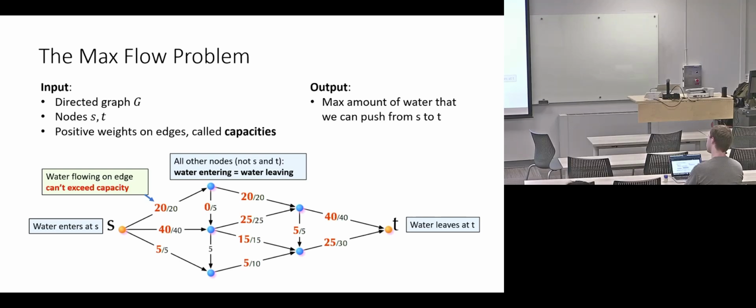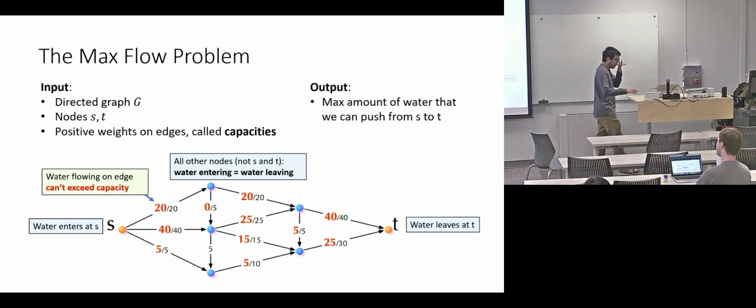Then through this node, it must go out with 20 units. For this one, I send 40 through, then it must go out 40, which is 25 and 15. So you need this flow conservation: in and out are the same. And also, the amount of flow on each edge needs to respect the capacity.